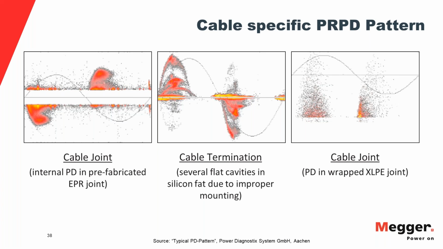How do these different cloud patterns form? All of these things, these reds and grays and oranges, that is one single dot. And you recorded all of these dots and resolved over the phase angle, you get these cloud patterns. On cables, this is not really too useful.